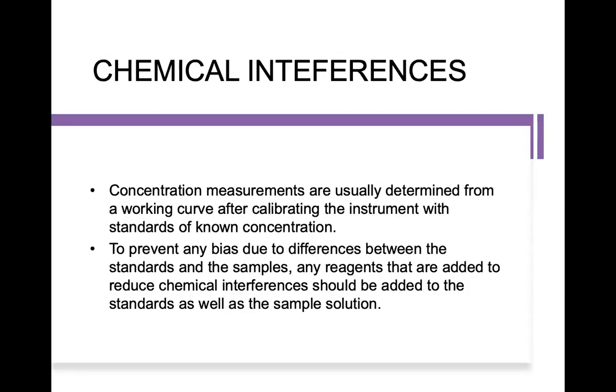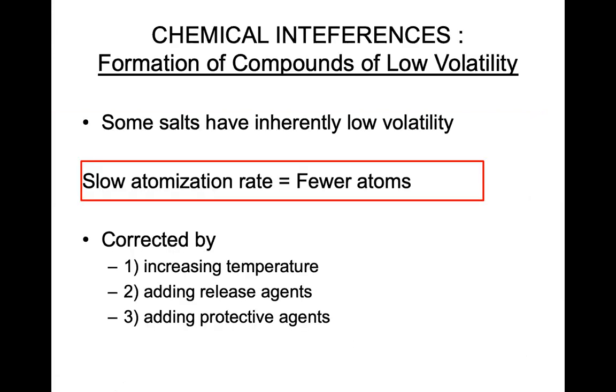Second one, apart from spectral interference, we have chemical interferences. For example, if together with the samples we have other compounds or salts that have low volatility, they will volatilize together.